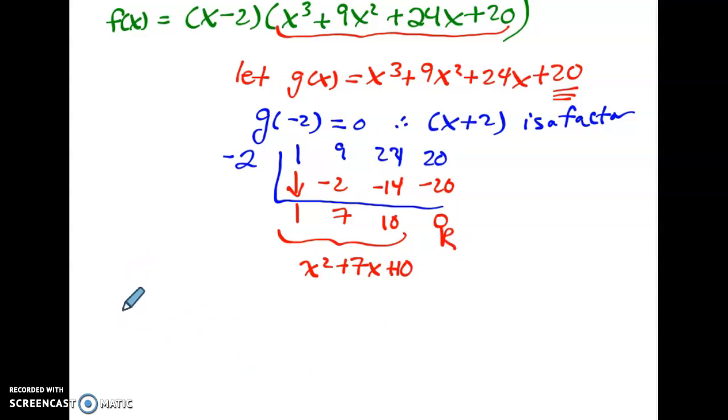Okay. So going back to f at x here, remember we had the original x minus 2. And then we had the g of x part. So g of x is composed of this x plus 2 bit and this quadratic here.